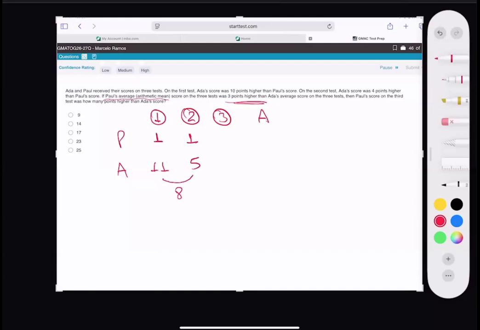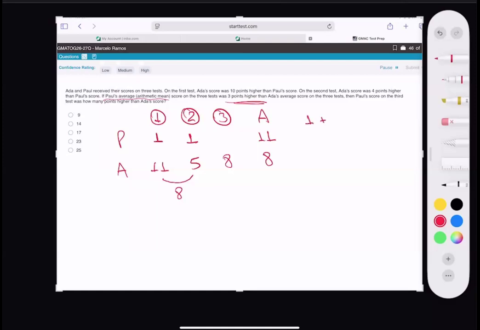So I will plug 8 as her score in the third test. So her average will be 8. As Paul is 3 more, Paul will be 11. Is that okay?